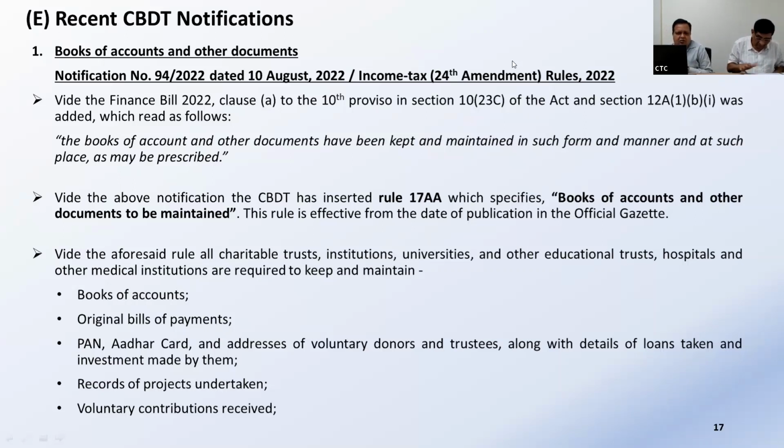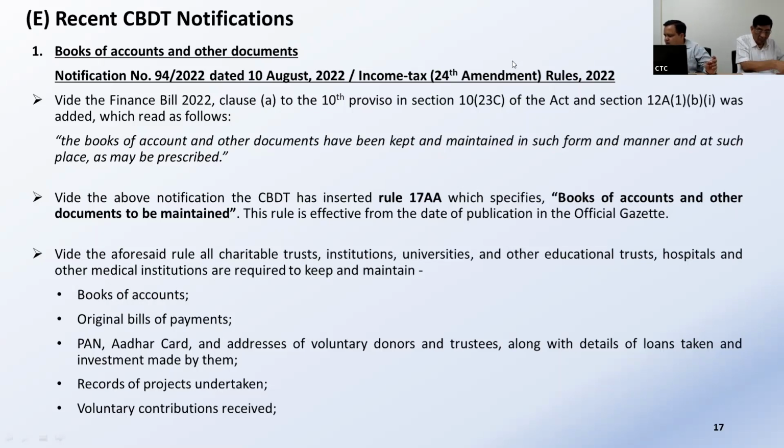Books of accounts and other documents: Notification number 94, 10th August 2022, 24th amendment 2022. While the Finance Bill 2022 added clause (a) to the 10th proviso in section 10(23C) of the Act and section 12A(1)(b)(1), which read as follows: the books of accounts and other documents have to be kept and maintained in such form and manner and at such place as may be prescribed.